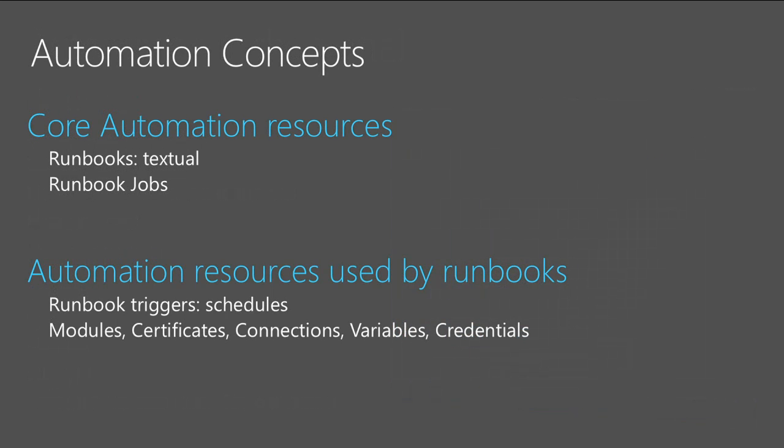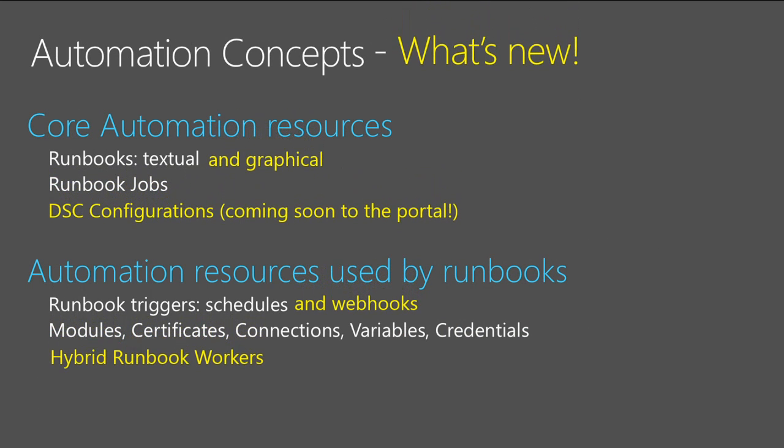So here are the core concepts as they existed a week ago, and then with the new features. Previously, we just had textual PowerShell workflow runbooks. You now have the ability to author your runbooks graphically. DSC configurations, right now they're available through the command line, but we are going to be bringing back the management to the portal.